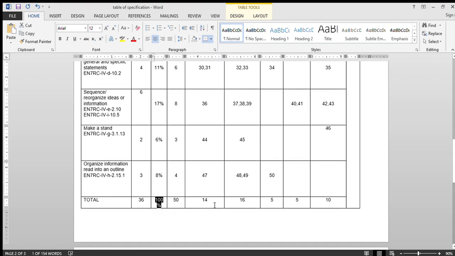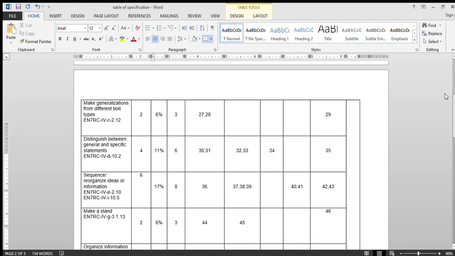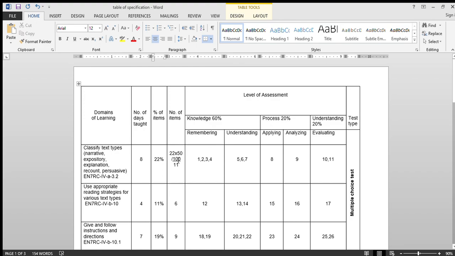That is why I need to divide it by 100. 22 times 50 equals, whatever the product is, you are going to divide that by 100, which is the total percent of items. That is why it is 11, because 22 times 50 divided by 100 is equal to 11.